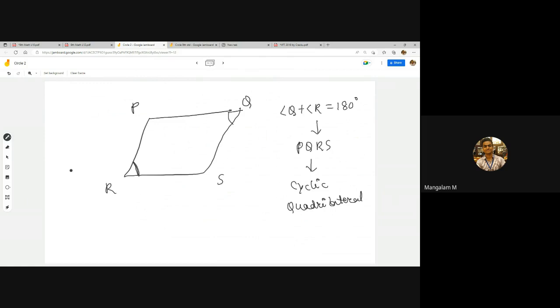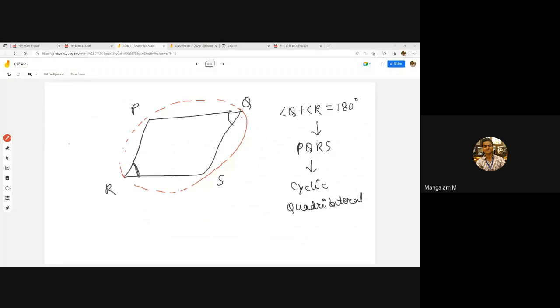Cyclic means what? It means that a circle will pass which will touch all the vertices of this quadrilateral, like this. A circle will pass like this. This is not a fine drawing, this is a freehand drawing, right? So cyclic means that if a quadrilateral is cyclic, a circle will pass through all of its four vertices, right?